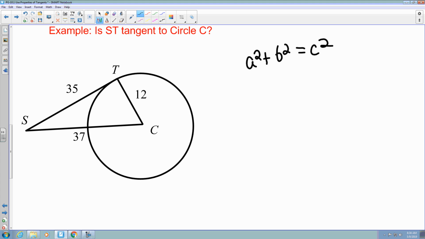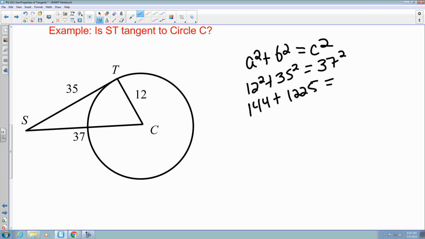So we're going to check and see if 12 squared plus 35 squared is going to equal 37 squared. So 12 squared is 144. 35 squared is 1225.